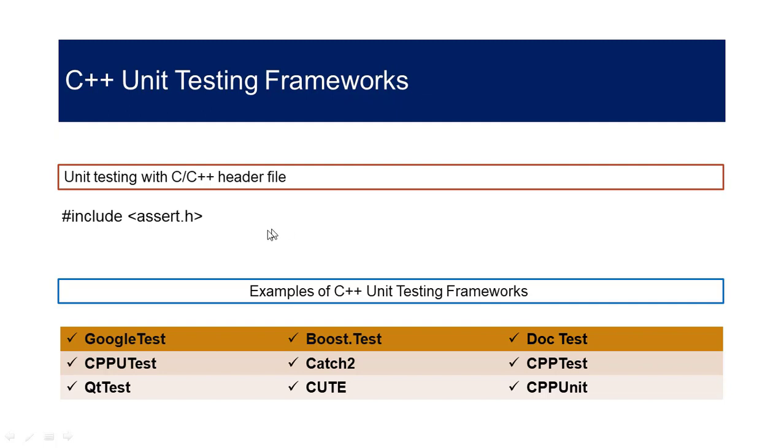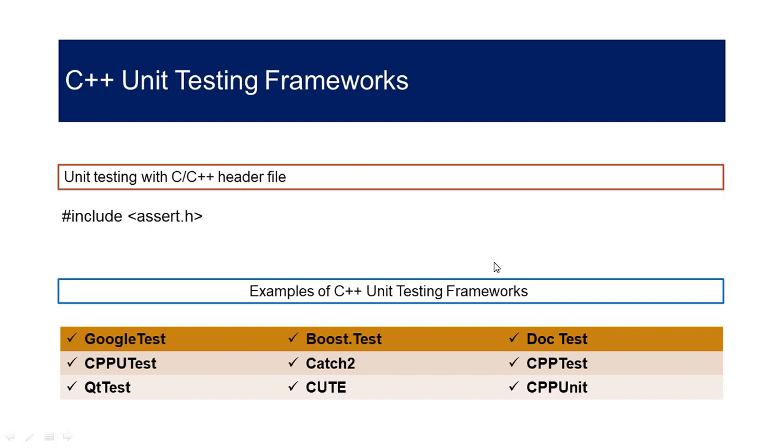But in this tutorial, we are going to focus on the one for C++, and we will be using the assert.h header file. To add it to our program, we use the include method of adding a header file to our usual C++ program. Once again, we will be using the assert.h header file for this tutorial.